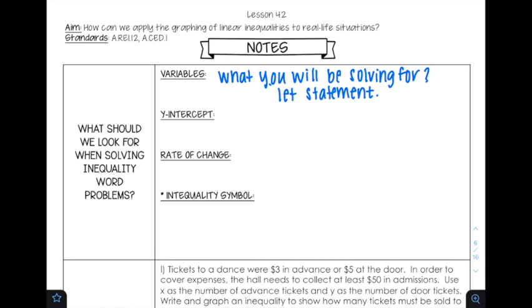Your y-intercept is going to be your constant in the word problem that they're going to be providing you. Depending on the context, it could be an initial fee, it could be a starting point, it could be just a total goal that they need to reach monetarily. It could be any constant, and you have to just read very carefully. So again, starting point and initial fee.